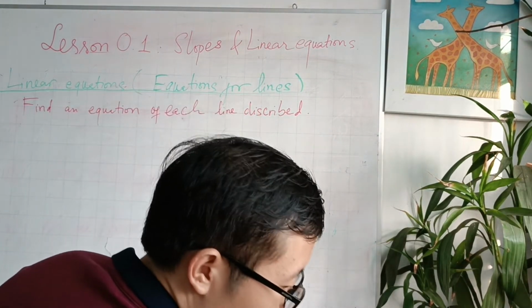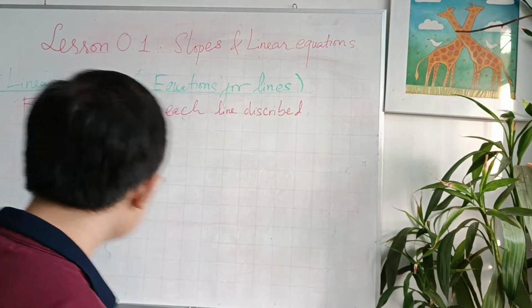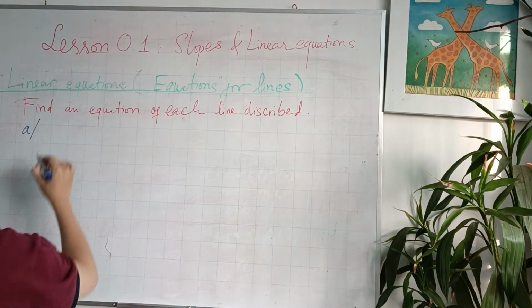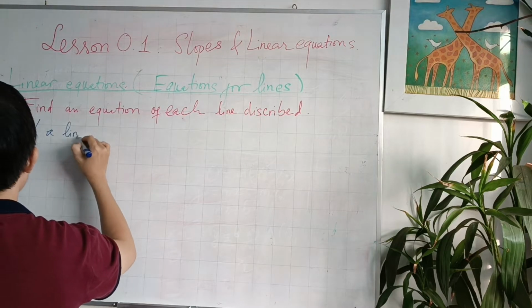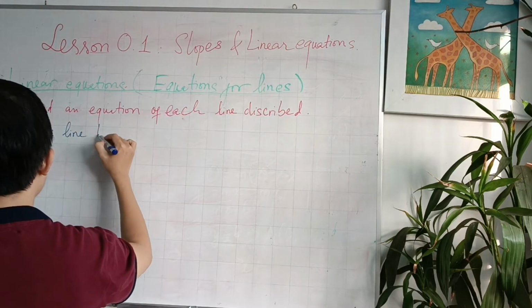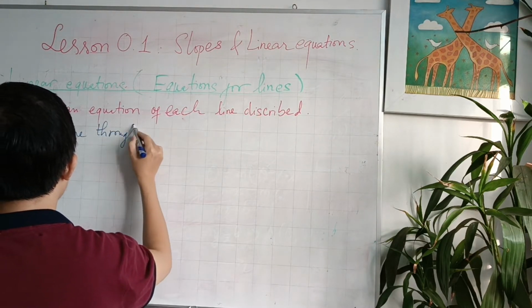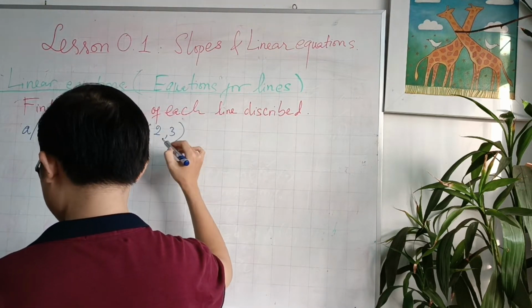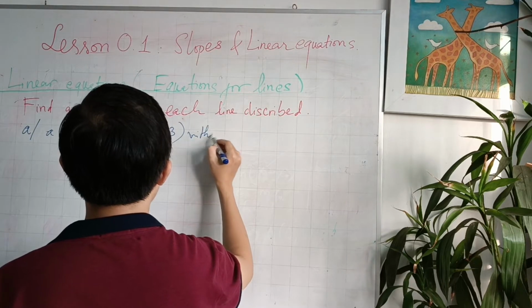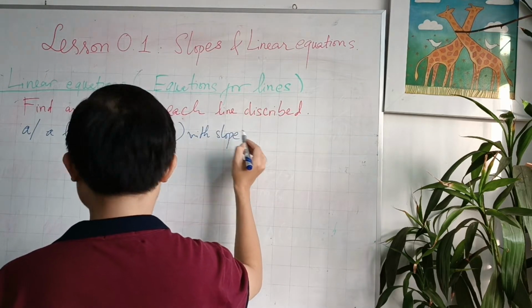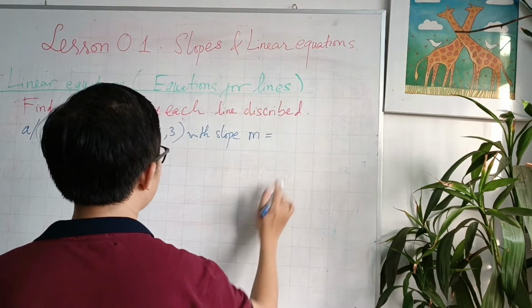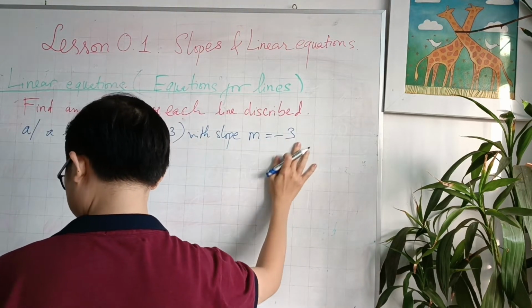A. A line through the point (2, 3) with slope m equals -3.